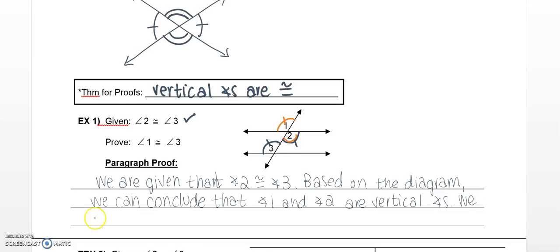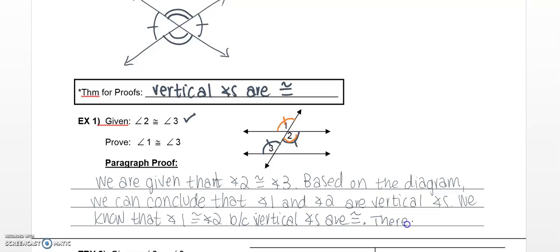We know that angle 1 is congruent to angle 2 because vertical angles are congruent.